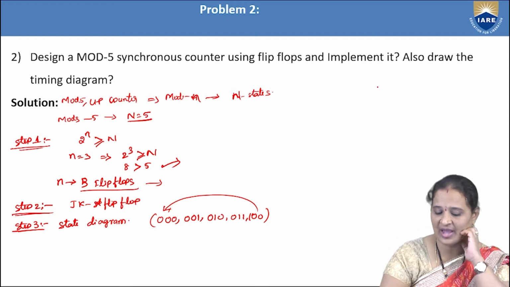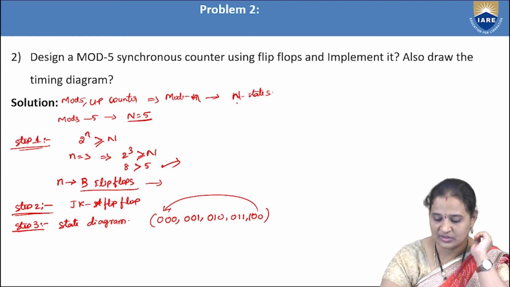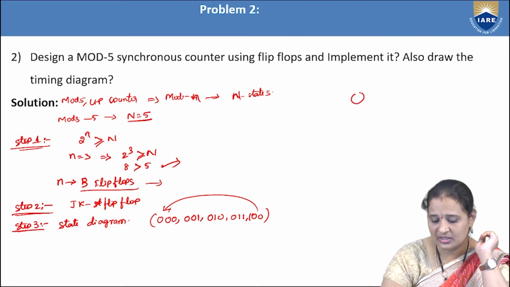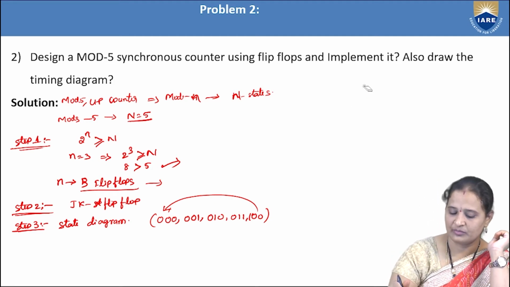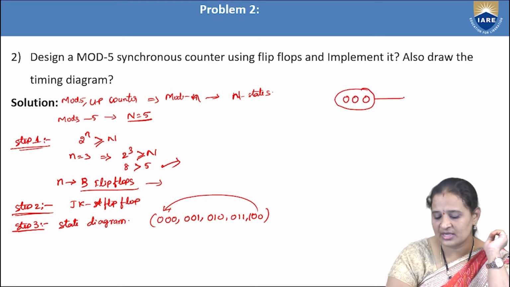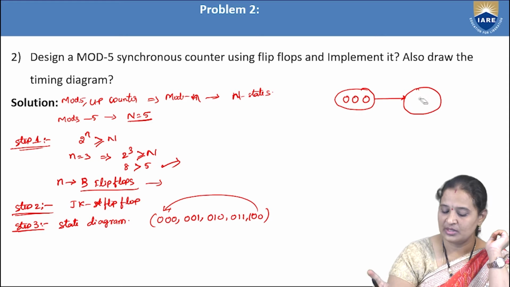Now I'm drawing the state diagram here as we have 5 states. The initial state is 000.